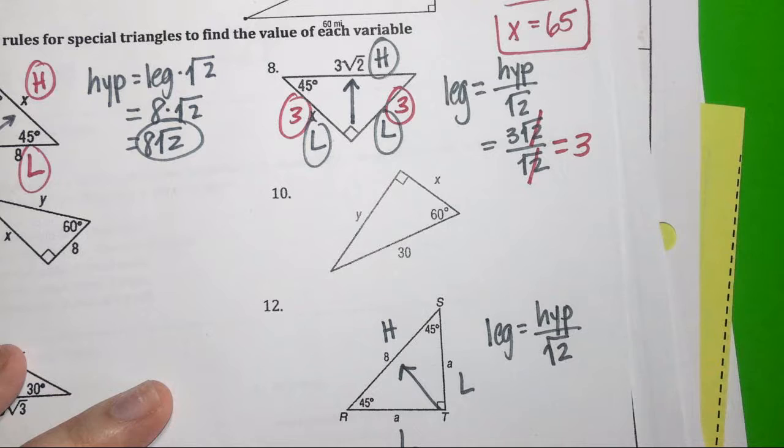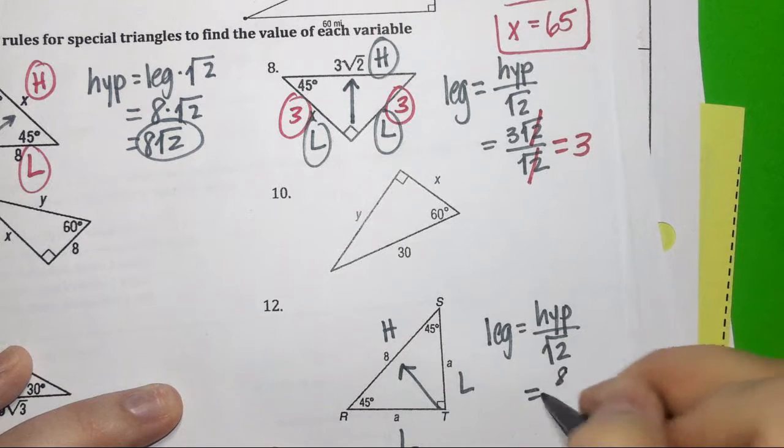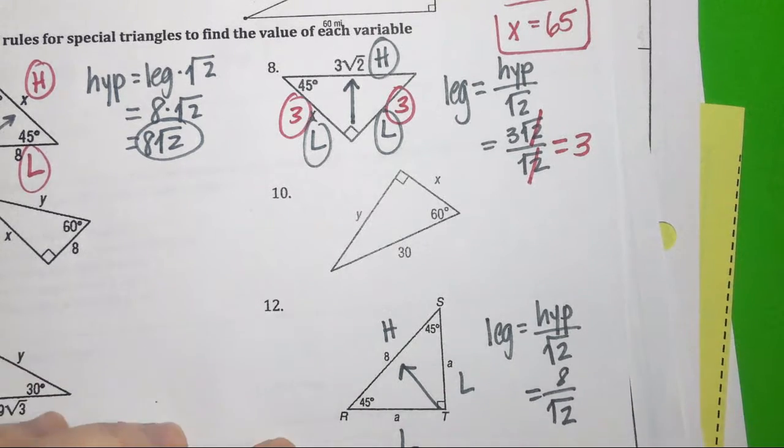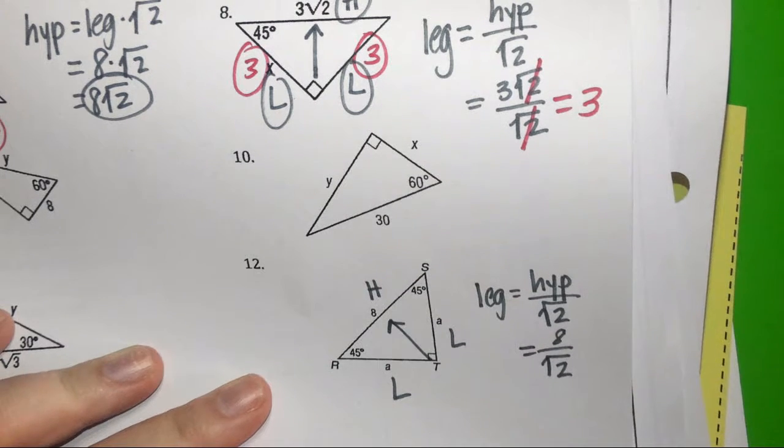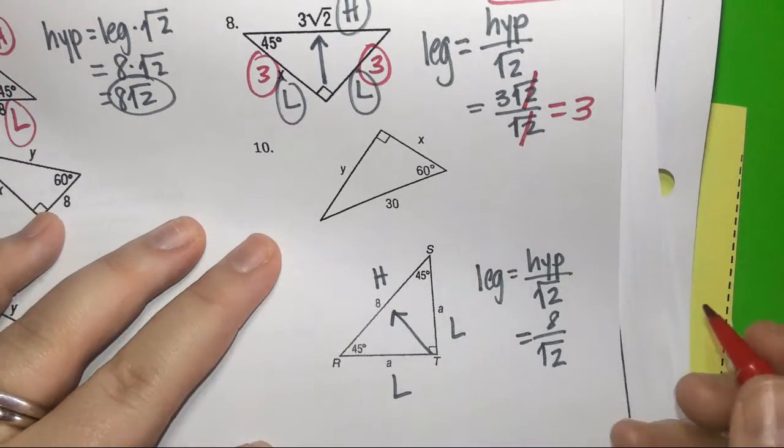If Riley wants to write down that formula every single time for me, I like it. That's fine with me. Okay, so 8 divided by square root of 2. Can Riley leave her answer like this and still make a good A on this test? I don't think so. What is she supposed to do?